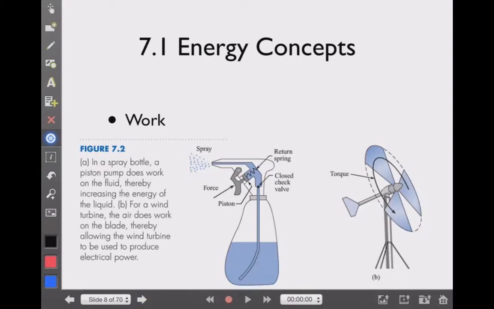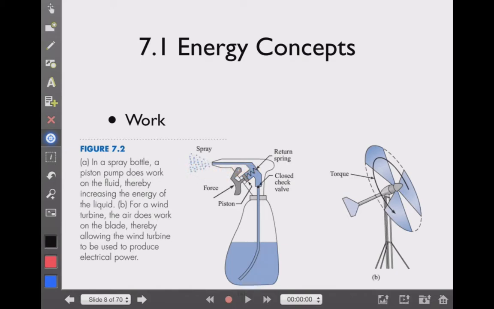And just some examples of that are a spray bottle for fluids, where you're applying force to this piston or this plunger here, which is basically causing fluid to flow up into the nozzle of the spray bottle and out. So the action of the piston is doing work on the fluid, pumping it up, giving it potential energy, and spraying it out the nozzle.